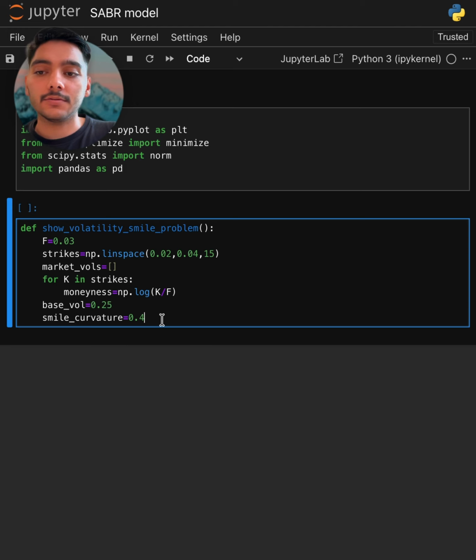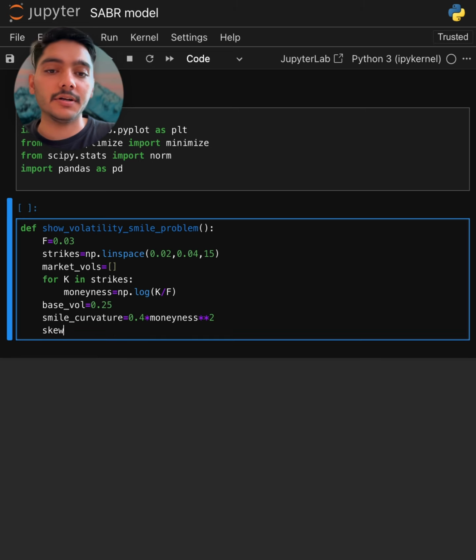Smile curvature is equal to 0.4 times moneyness squared; the quadratic creates the smile shape. So we're using this, and the skew asymmetry is equal to minus 0.15 times moneyness.